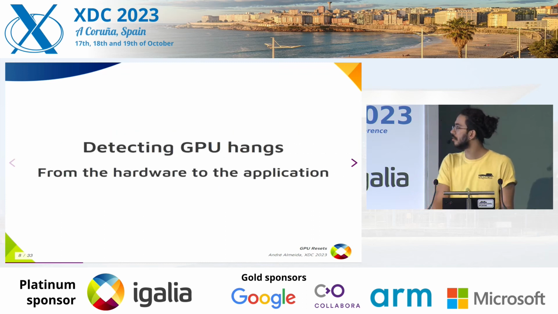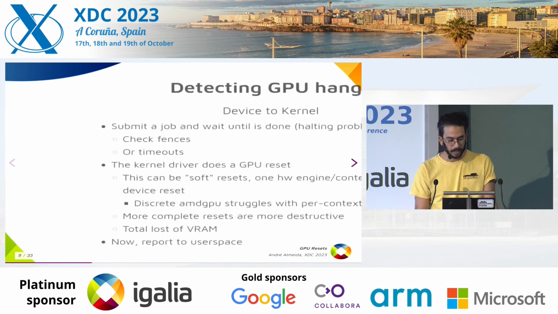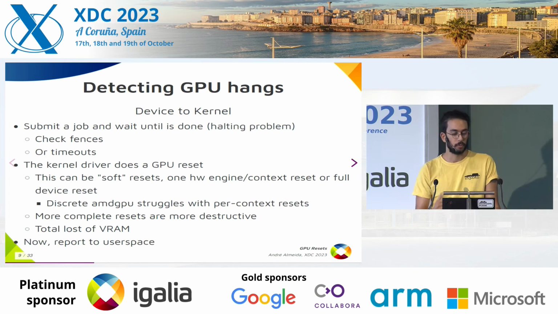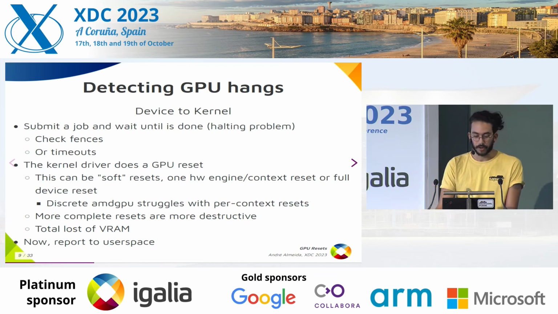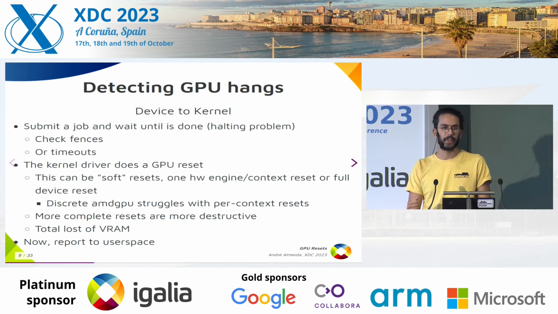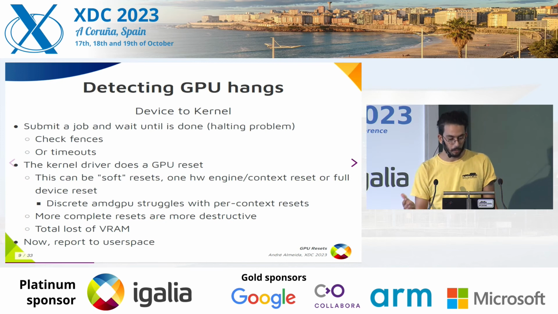So now we're going to have a look at what happens when a GPU hangs, from the hardware to the application. Mesa asks the kernel to submit a job to the driver, to the hardware. So the kernel drivers submit the job to the hardware. But as I said before, shaders are Turing complete, so we have the halting problem: we can't really decide if a given program will ever stop running.